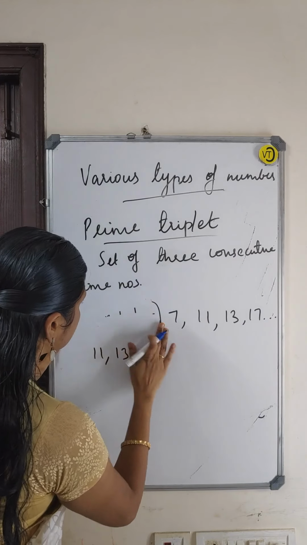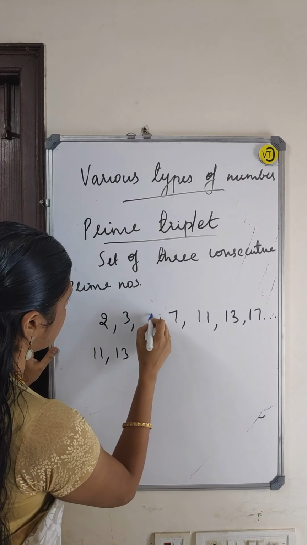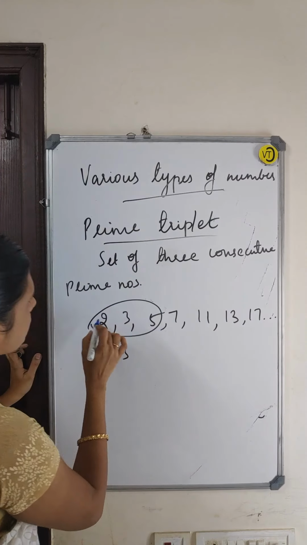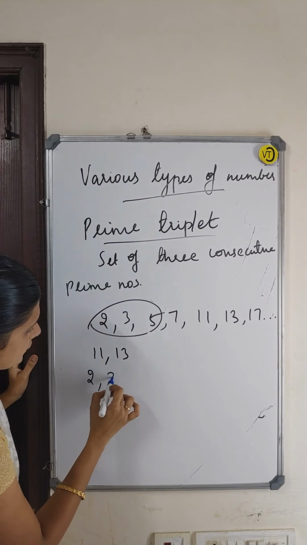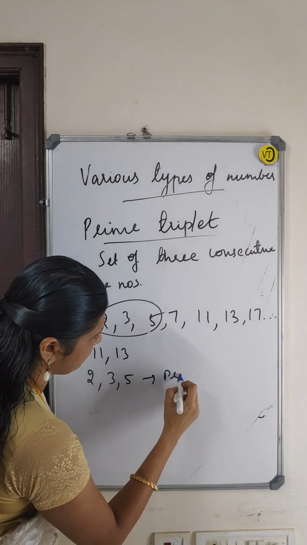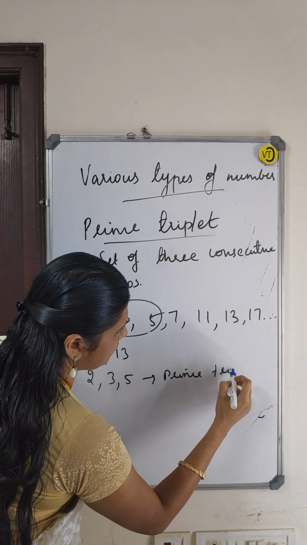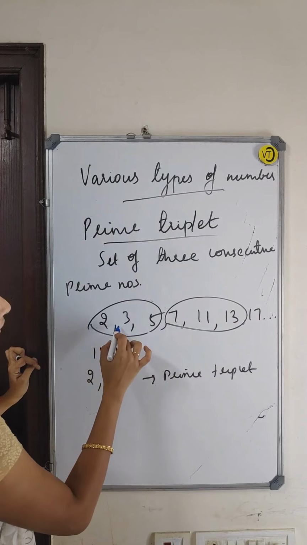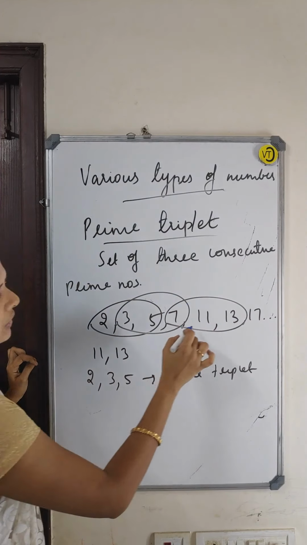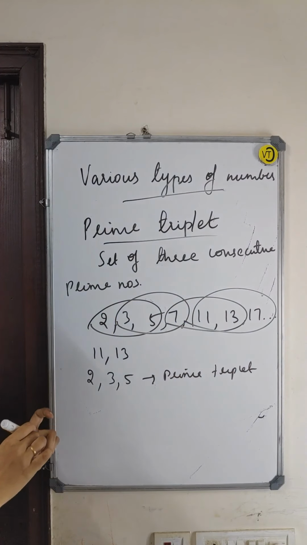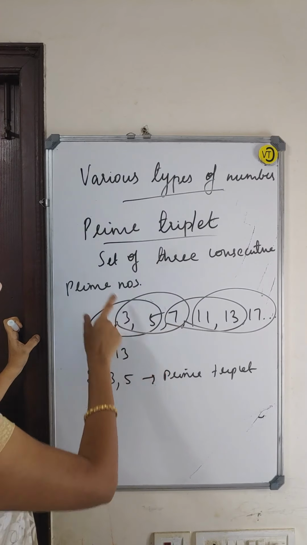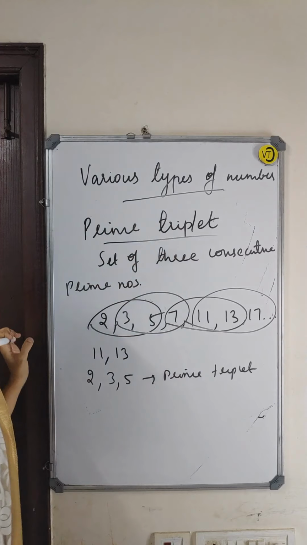So 2, 3, 5 is a prime triplet. 7, 11, 13, or 3, 5, 7, or 11, 13, 17. Whatever 3 consecutive prime numbers you take, that is a prime triplet.